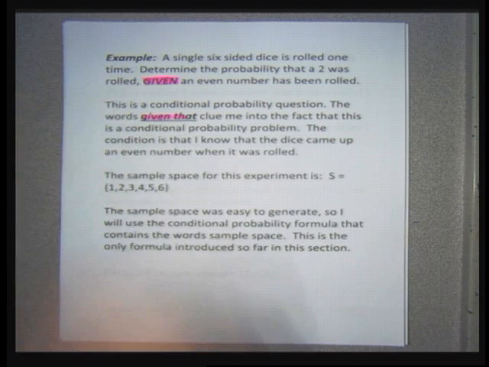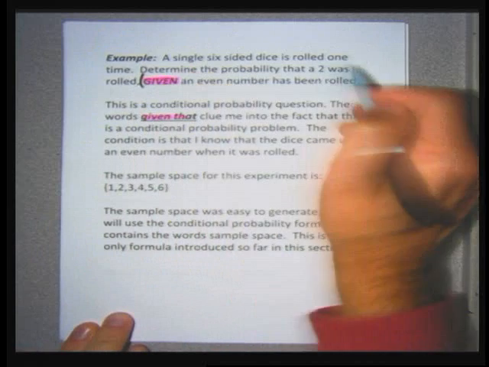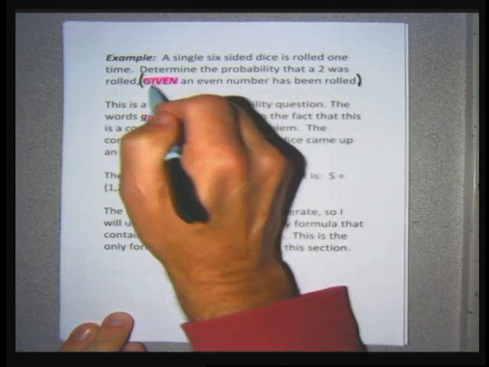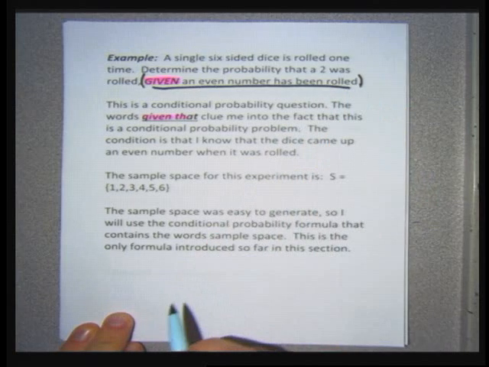So, first example: a single 6-sided die is rolled one time. Determine the probability that a 2 was rolled given that an even number has been rolled. This is a conditional probability problem because of this extra part right here. If this extra part wasn't given, it wouldn't be a conditional probability problem.